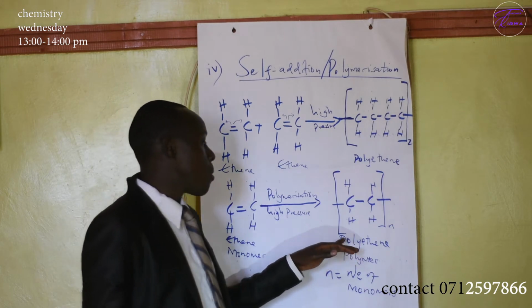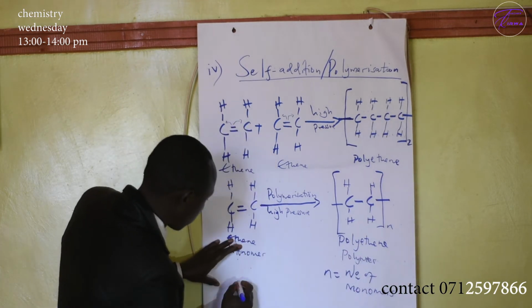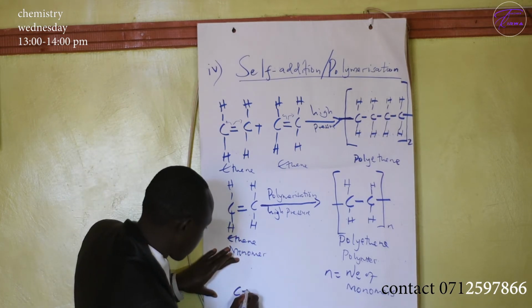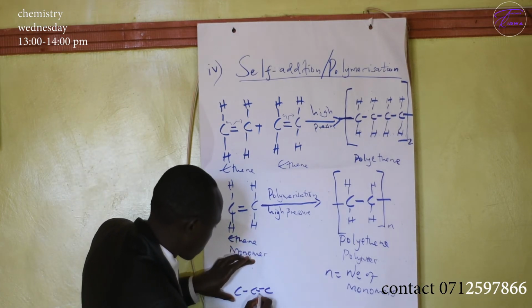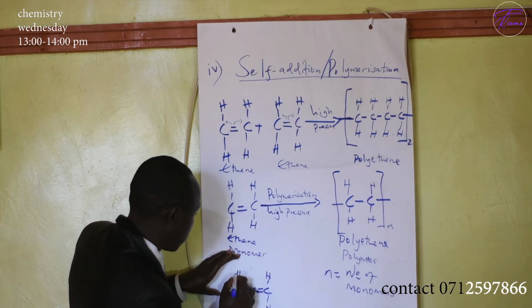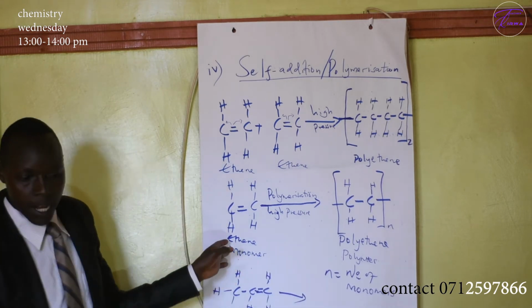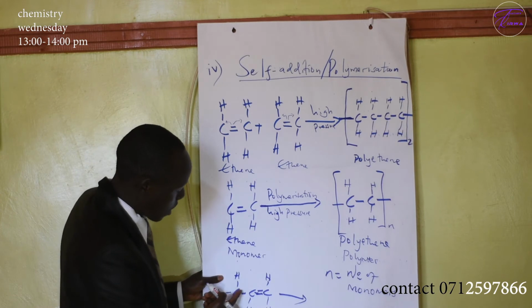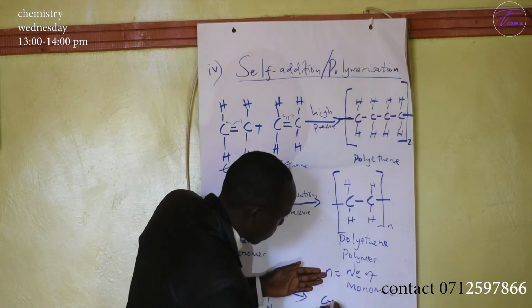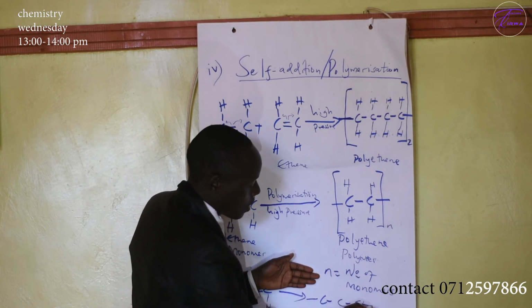So that's polymerization. So you can have polyethene. You can even have polypropene. If you had propene like that, it undergoes polymerization, then you will have 1, 2, 3, 1, 2, 3. You extend this.